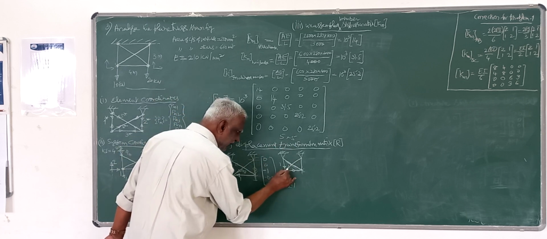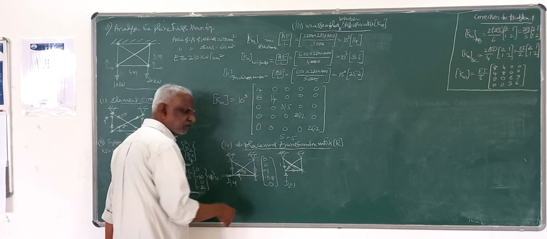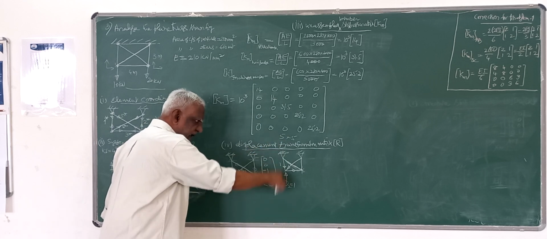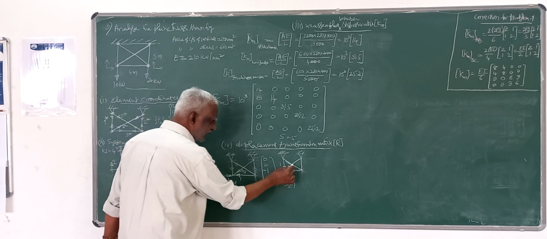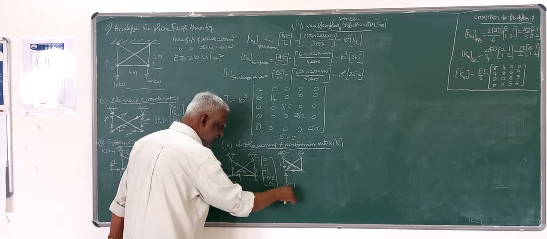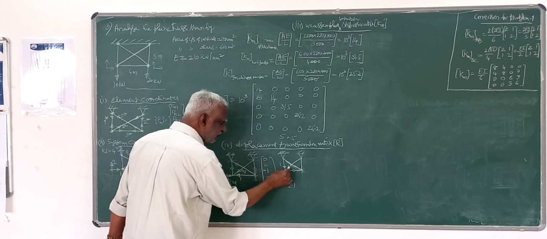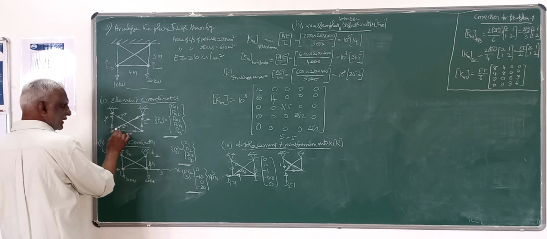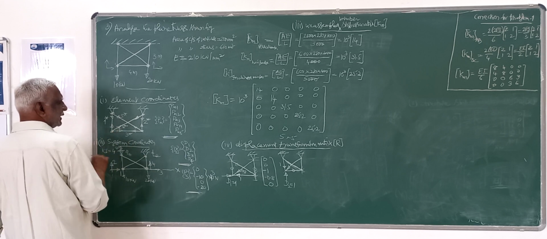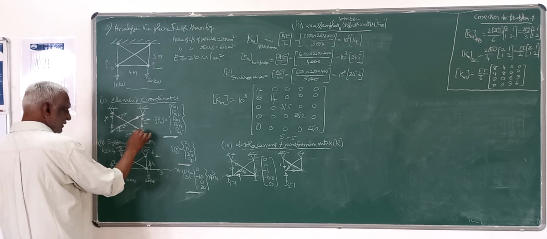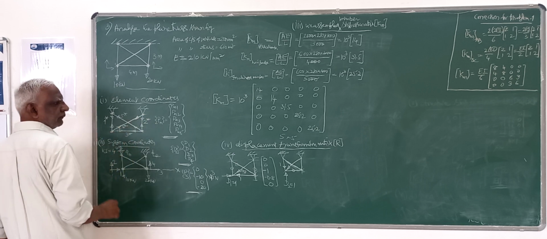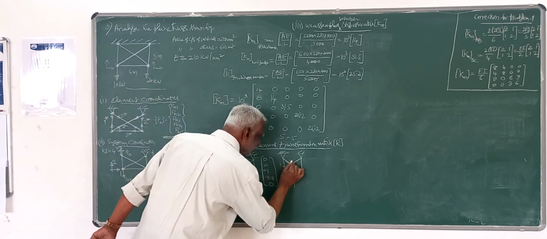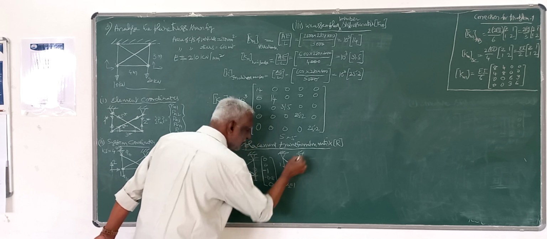And since it is vertical, it is the sine component, sine theta. So this is theta. Sine theta is 3 by 5, that is 0.6.